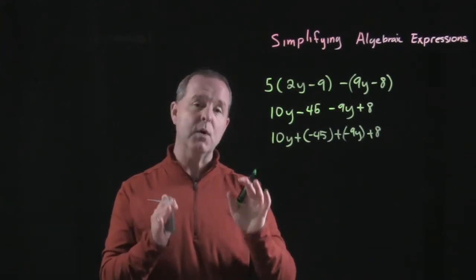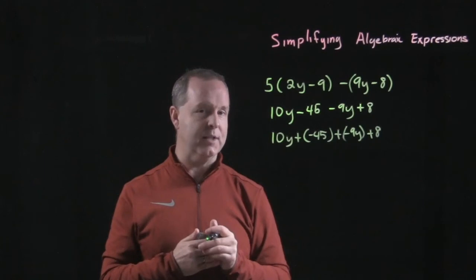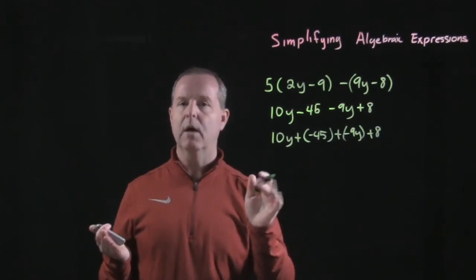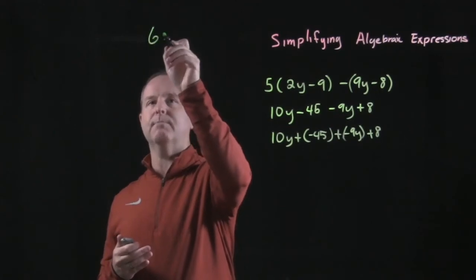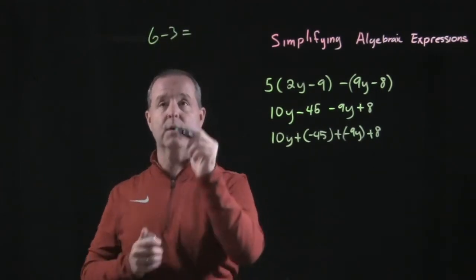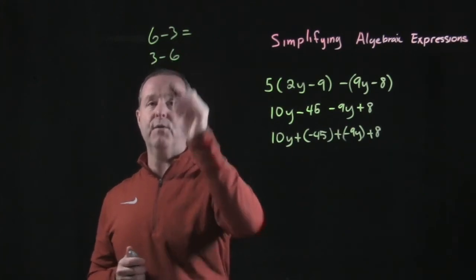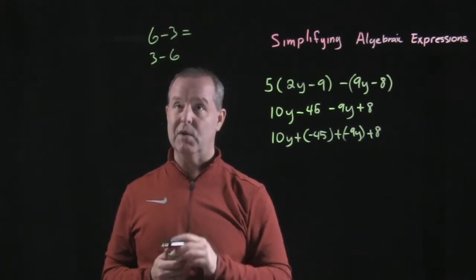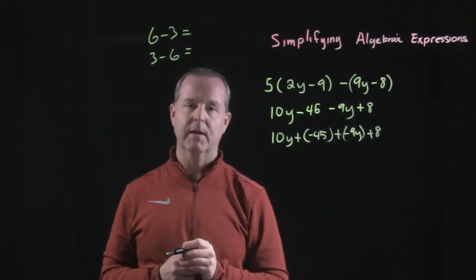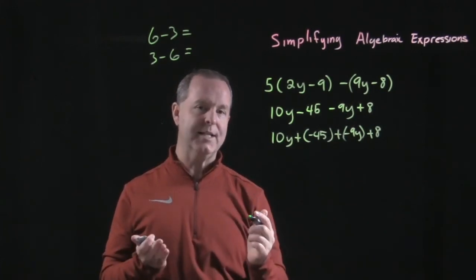That's because the commutative property works over addition. It doesn't work over subtraction. What, you don't believe me? Well, let's look if we had, for example, 6 minus 3. If we turn those two terms around, I'd have 3 minus 6. Do you think those both get the same result? No, they don't. So the commutative property works over addition.